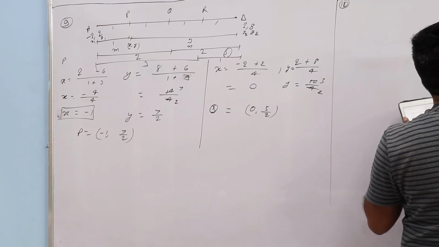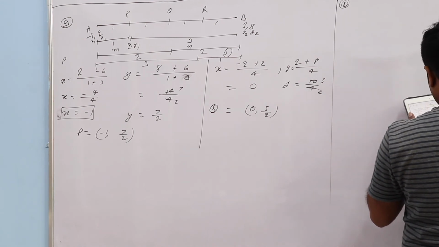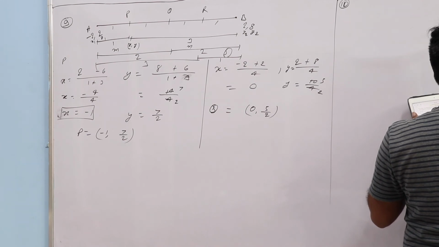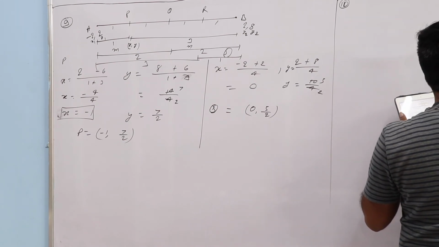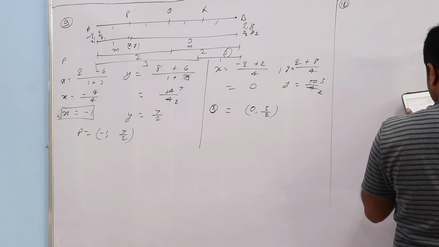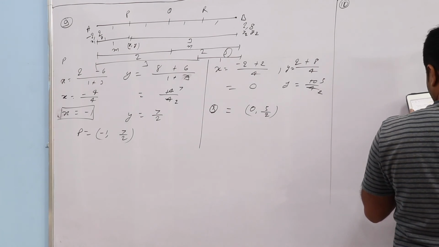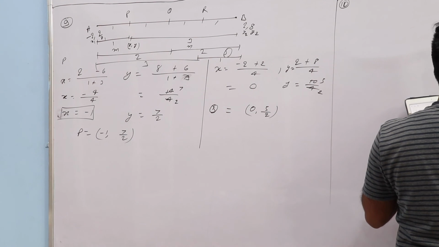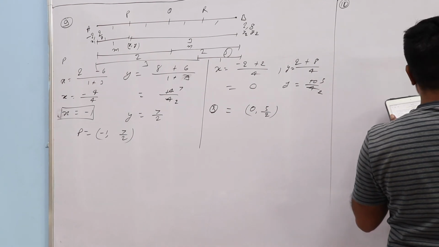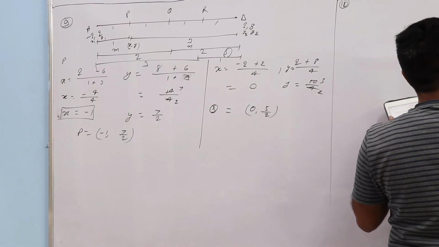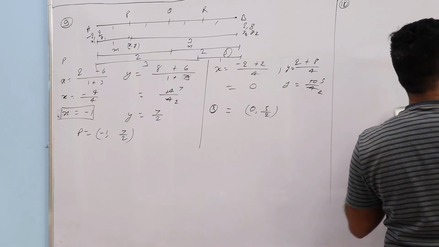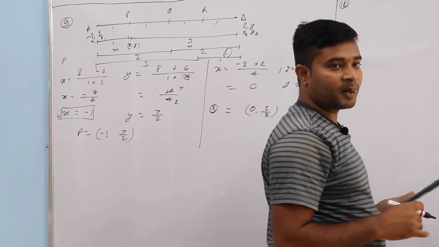Given A 3 comma 0, B 4 comma 5, C minus 1 comma 4, and D minus 2 comma minus 1. We should find the area of the rhombus.